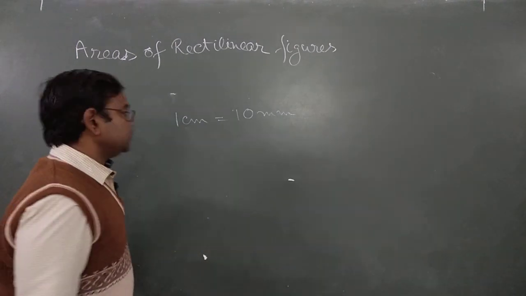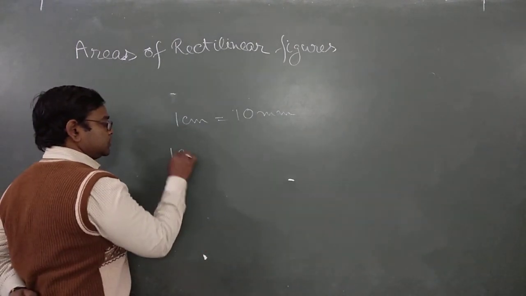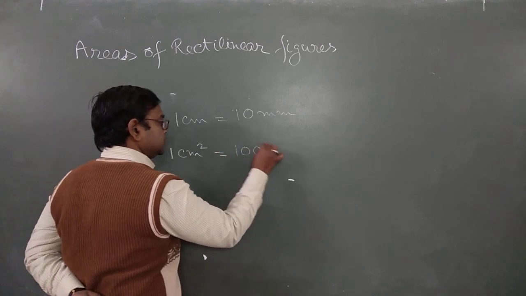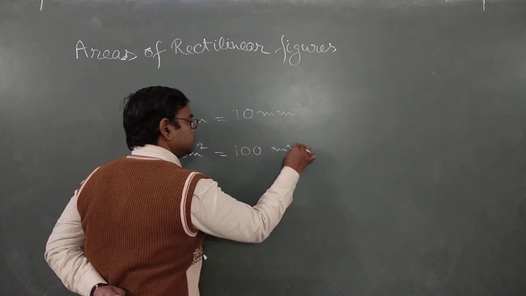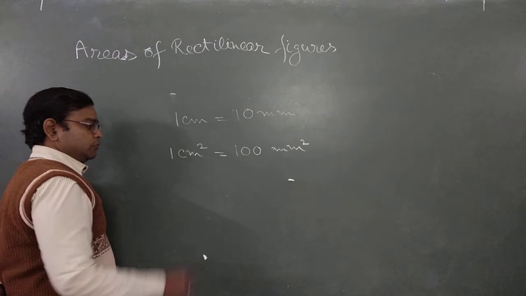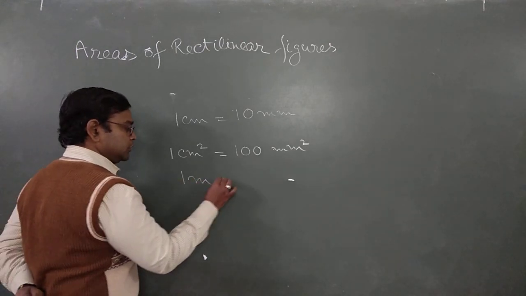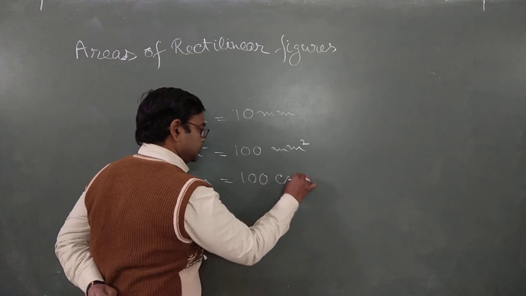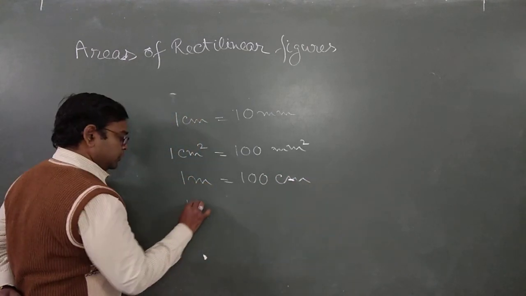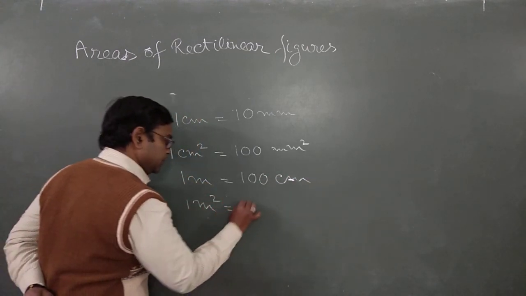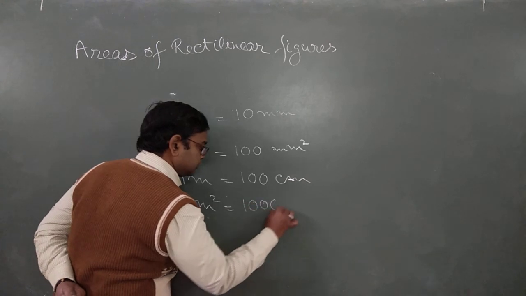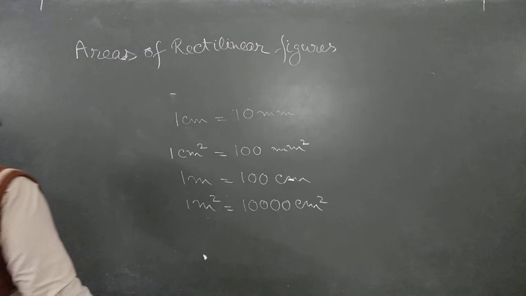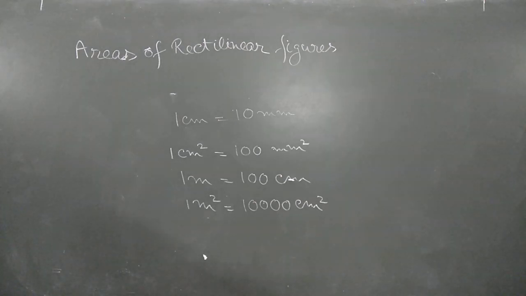So in case of square, 1 centimeter square, we multiply each number, it is 100 millimeter square. Likewise, 1 meter has 100 centimeters. Clear? So in 1 meter square, we have 100 into 100, that is 10,000 centimeter square. Hope this is clear to you.